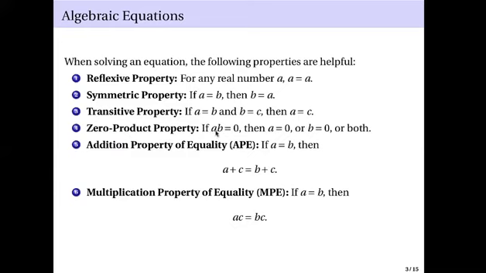So if you have a product AB equal to 0, then at least one of them is equal to 0. Now take note of this. This is a property of the zero product.